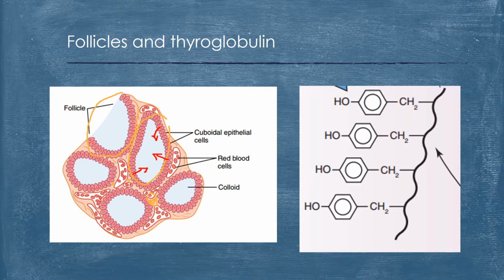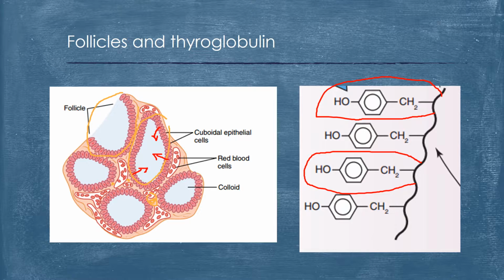Colloid is mainly formed, or it is like a condensation of thyroglobulin. What is thyroglobulin? Thyroglobulin is a very long and large glycoprotein, which consists of many amino acids, and some of these are tyrosine residues. This is a tyrosine residue, and this is where thyroid hormone can be formed.